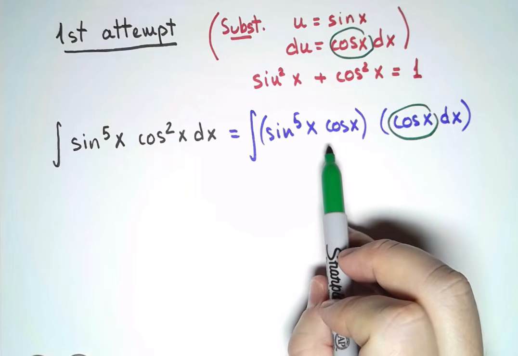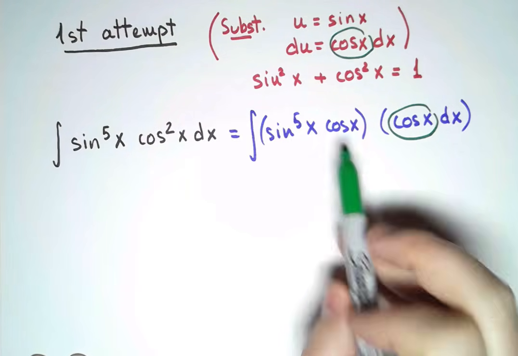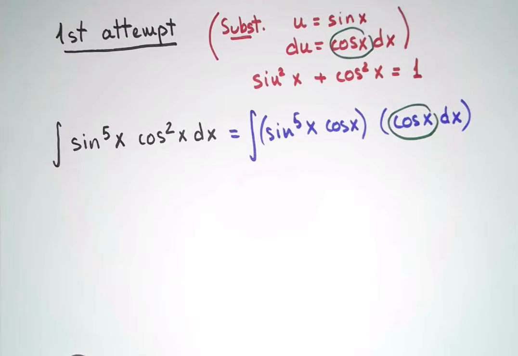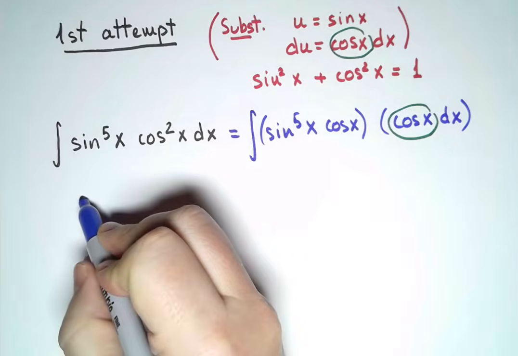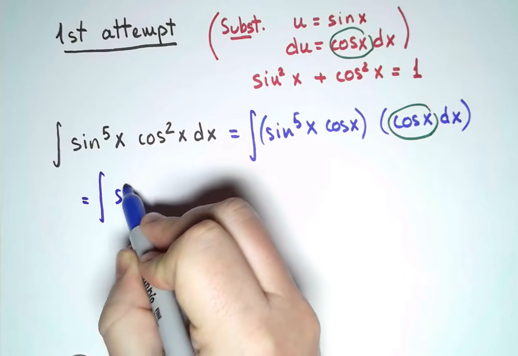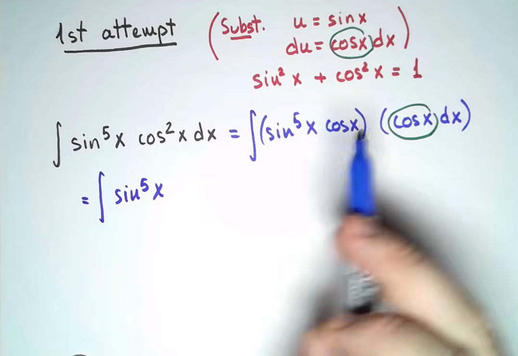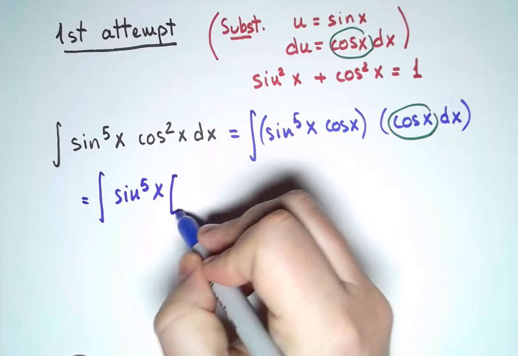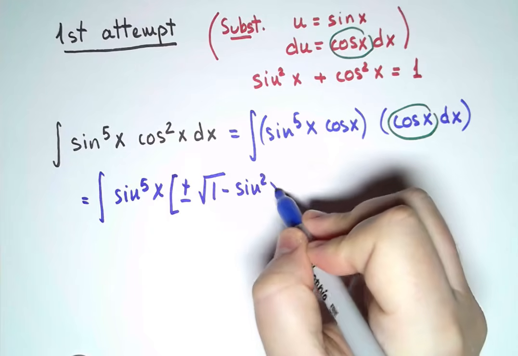Now everything else in the integrand I have to write in terms of sine because that's my substitution. The only thing I can think of here is to use the main trig identity to convert this cosine into a sine. Cosine squared is 1 minus sine squared. So when I have a single cosine, this will be plus minus the square root of 1 minus sine squared.